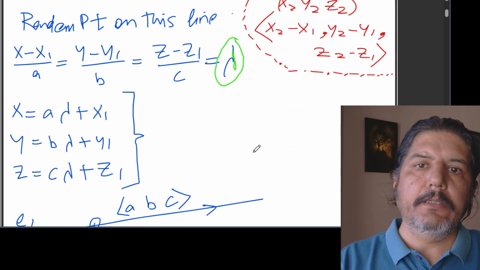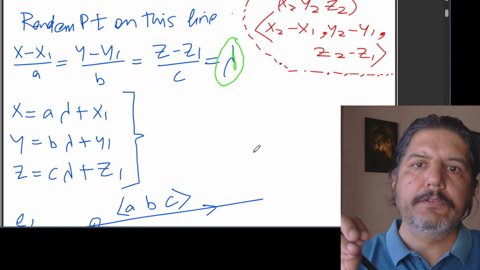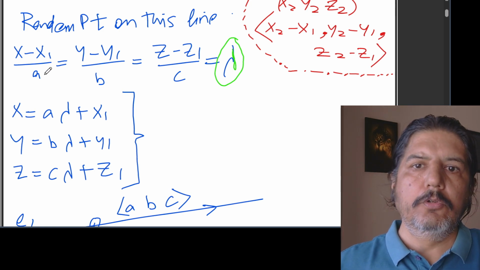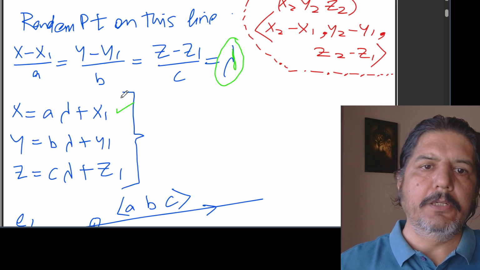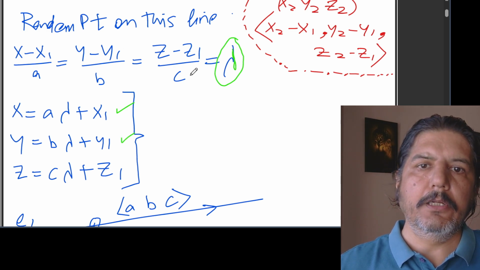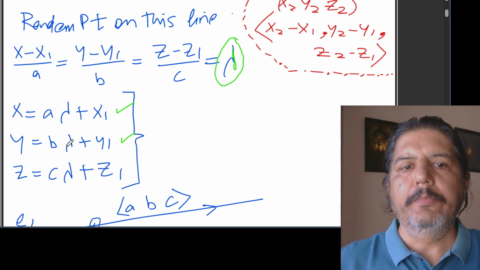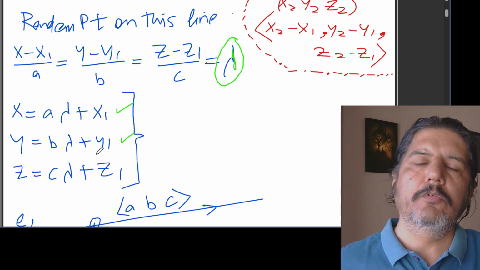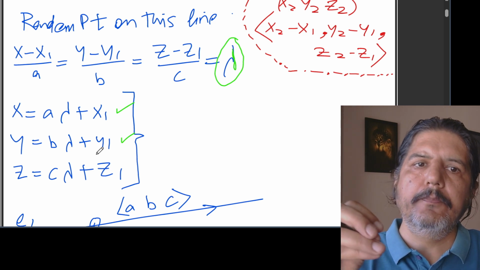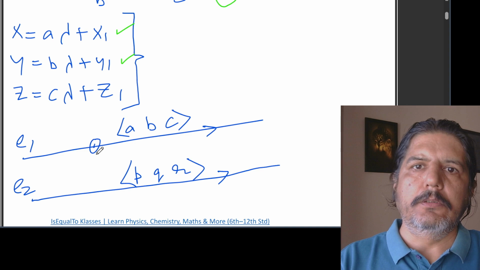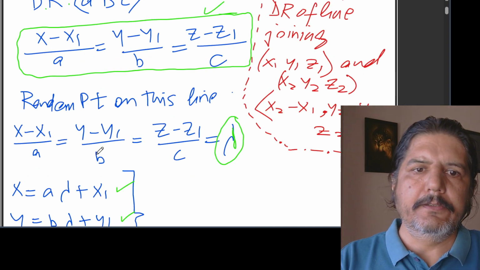Then x is equal to a lambda plus x1, y is equal to b lambda plus y1, z is equal to c lambda plus z1. So a lambda plus x1, b lambda plus y1, c lambda plus z1 would be any random point on the given line.